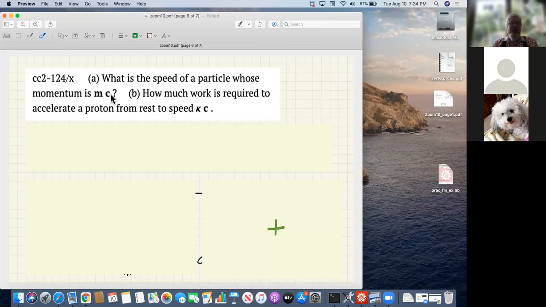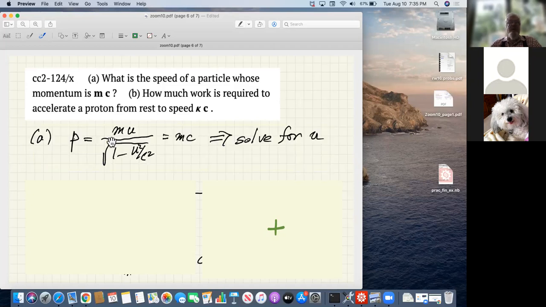But in relativity, momentum is not mass times velocity. The velocity of a particle can never be c. A massive particle can never travel as fast as light. So we're not saying that the speed is c. We're saying that the momentum is m times c. Then what is the speed for the momentum m times c?